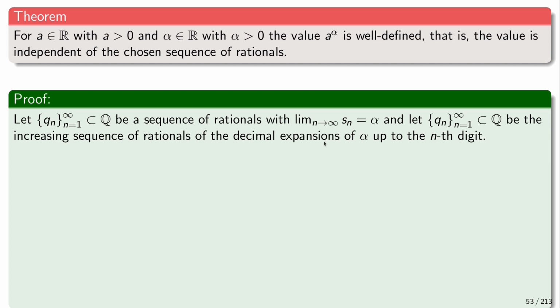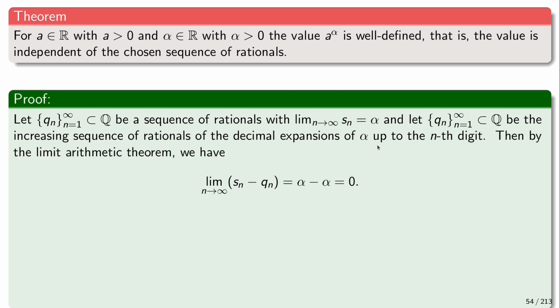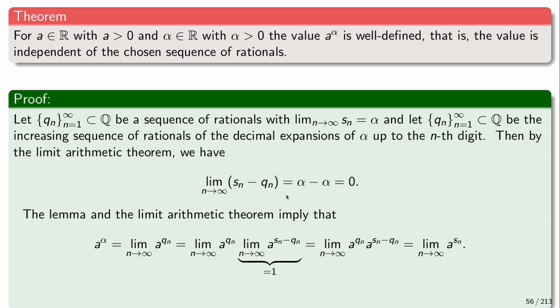We expand alpha into an infinite decimal expansion, and then we stop at the nth place. So we get a sequence of rationals that converges to alpha. And so by the arithmetic theorem, this limit is going to be 0.